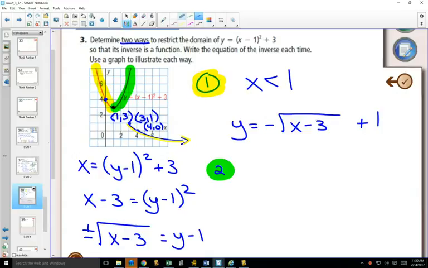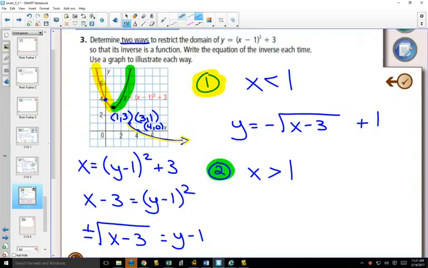Now what do we have to say about our x values? Now we're looking at our x values where x is bigger than 1. If we restrict it when x is bigger than 1, what's our equation going to be?